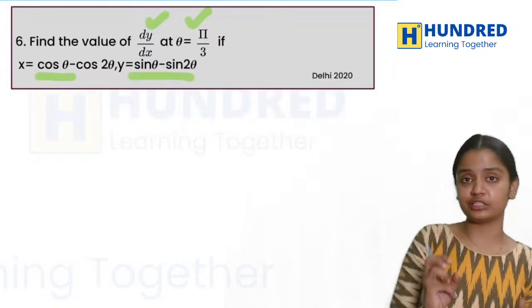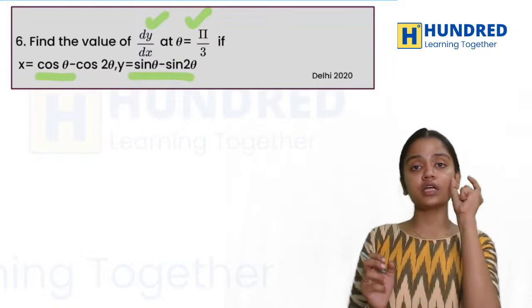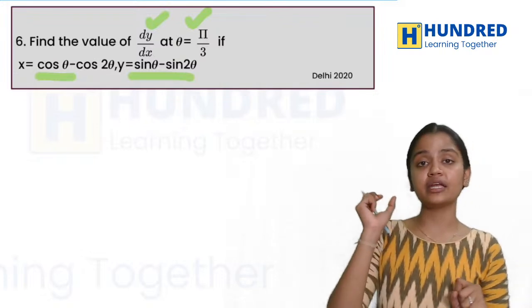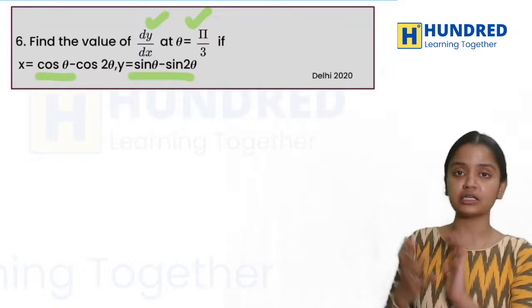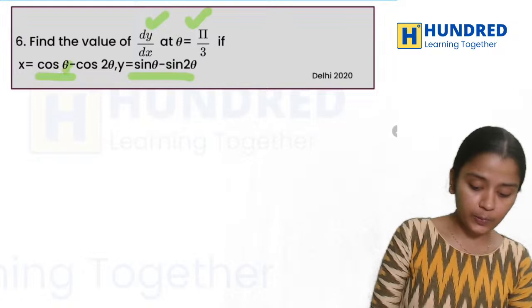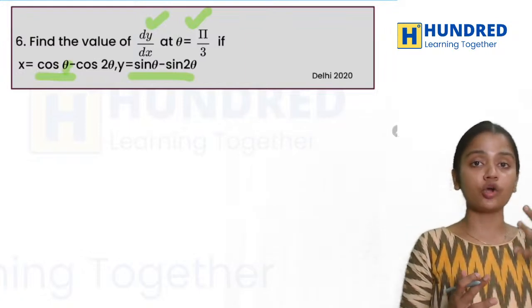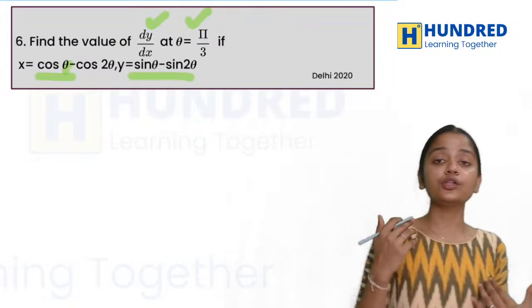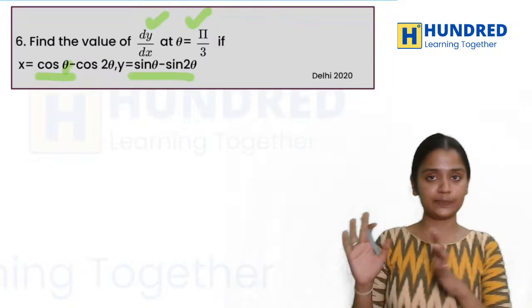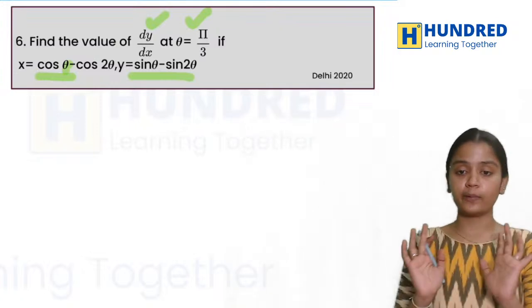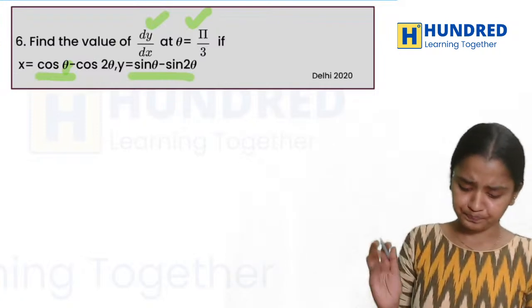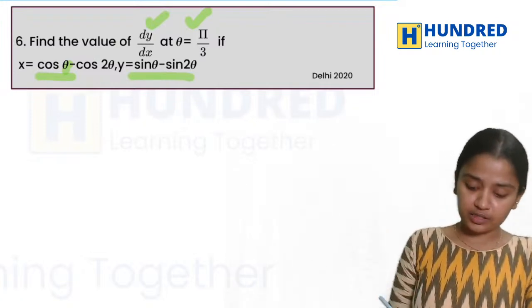What is parametric differentiation? You differentiate your x and your y with respect to some other variable. Here that other variable is theta. This is how we find it, using parametric differentiation.